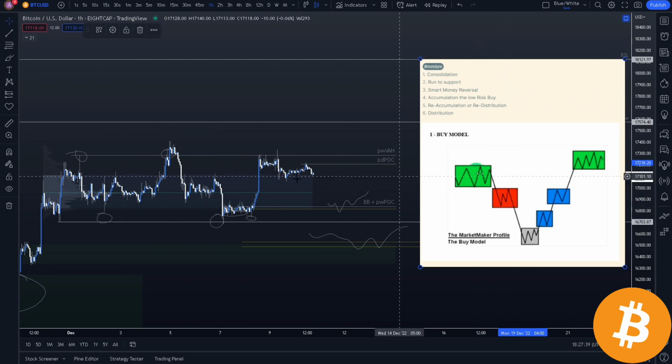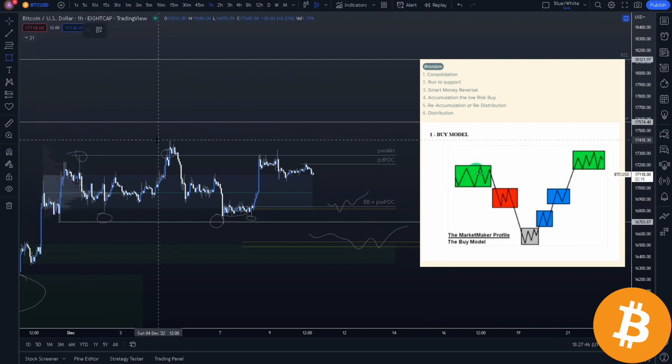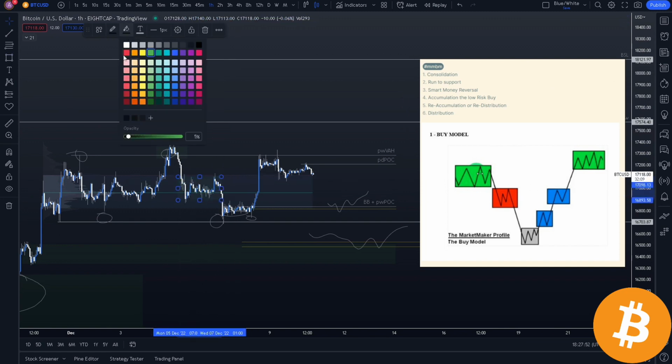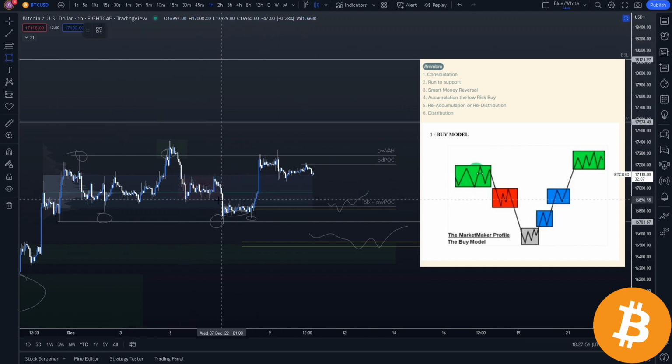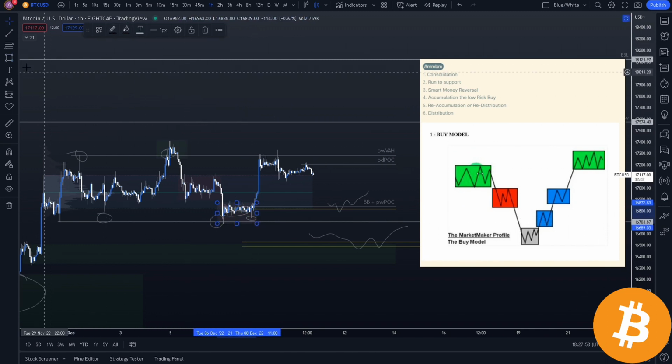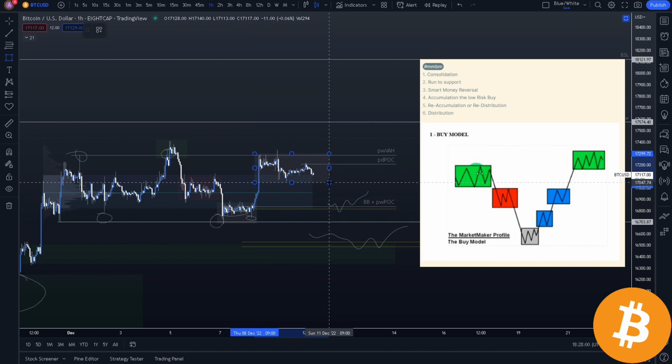I'm going to mark the price action with the same color. So we're going to have this green right here, right? Then we have this red. We have this gray. Then we have this blue. And then I think we'll get another blue, probably around 17.6.